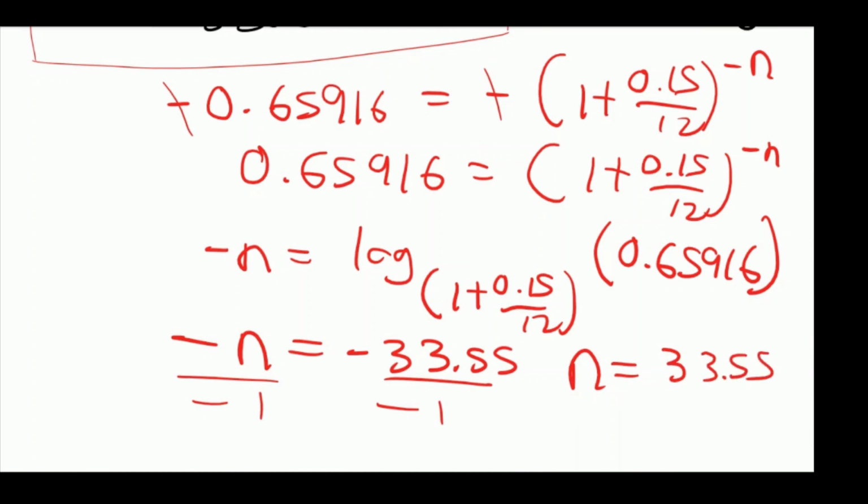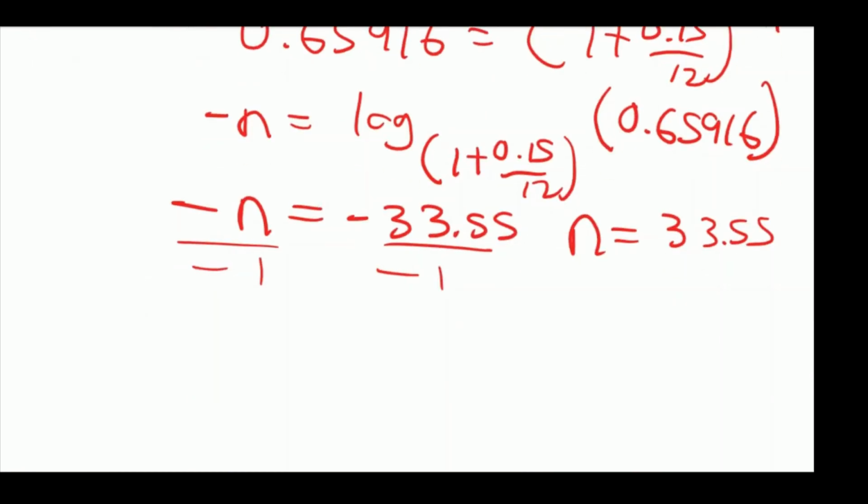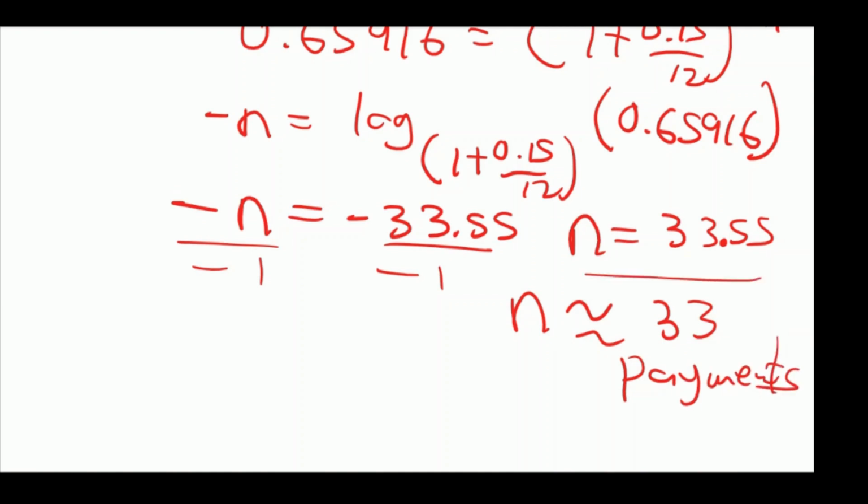Because we want the number of installments, we can't write 33.55. You can just approximate and say n approximates 33 payments. So this is the number of payments that she will make to settle the loan.